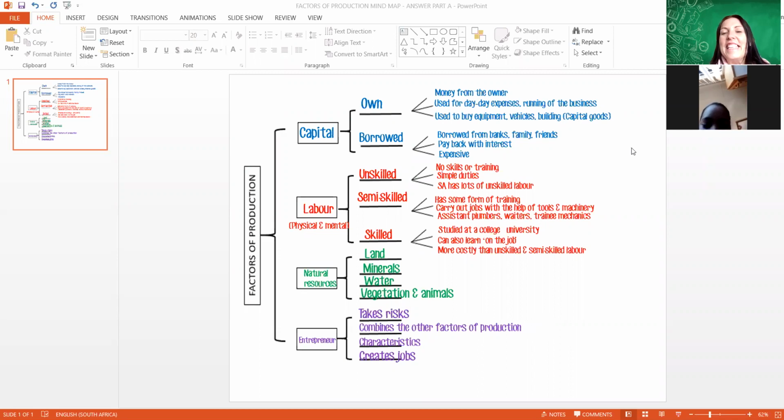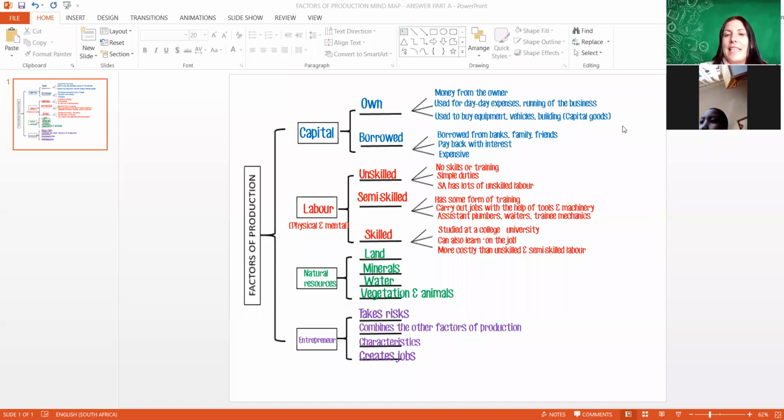Okay. And then if you look in the textbook there on page 78 at the bottom, going onto page 79, there's a part where they speak about capital goods. Now, if you think back to when we discussed accounting, we spoke about fixed assets.